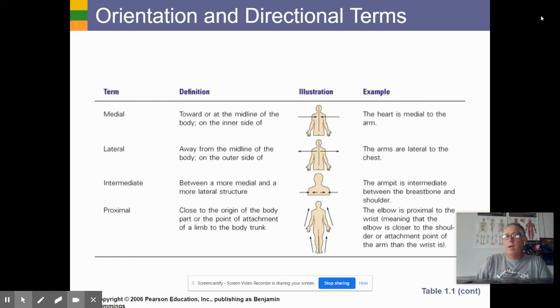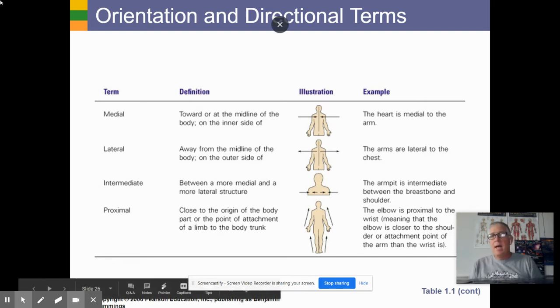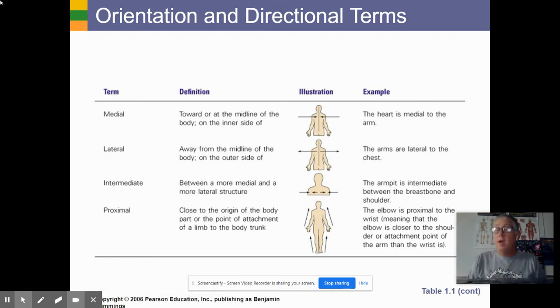So if you look at the example here, it says the elbow is proximal to the wrist, meaning my elbow, let's see, I got to get in the camera here. My elbow is closer to the point of attachment than my wrist is. So my elbow is proximal to my wrist.